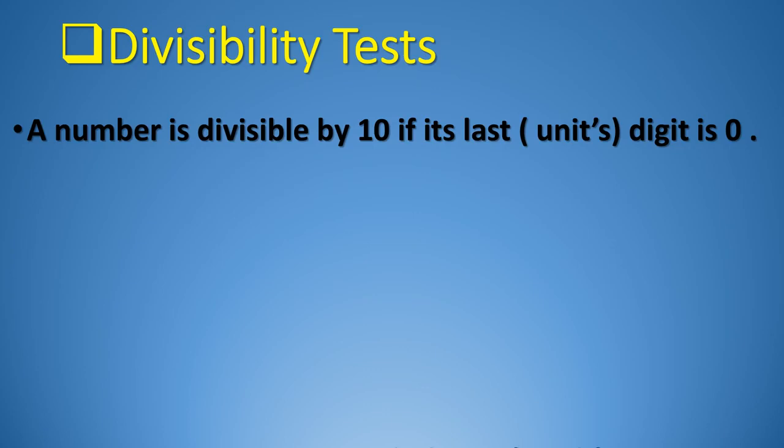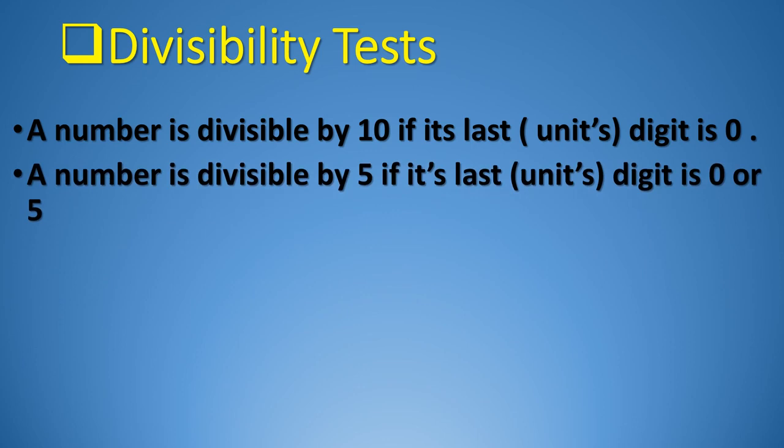A number is divisible by 5 if its ones place digit, or we can say units digit, is either 0 or 5.